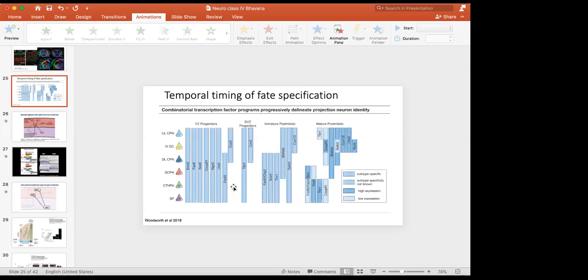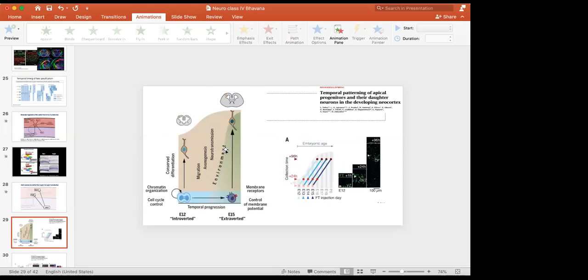So I think we need to have more Cre lines. But now with single cell RNA-seq and people doing it across different axes, that will perhaps change the scene completely. In my next talk, I'll start by giving you a glimpse of a single cell RNA-seq study from Denis Jabaudon's lab, which beautifully shows how the temporal patterning happens, how the architecture of this progenitor itself changes from an introverted to an extroverted cortex.